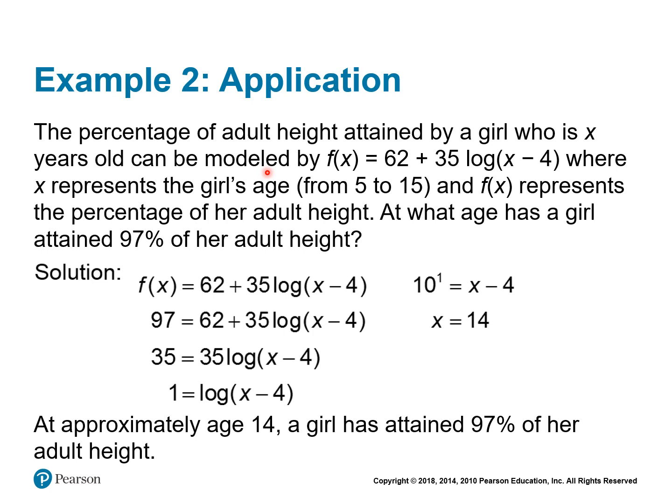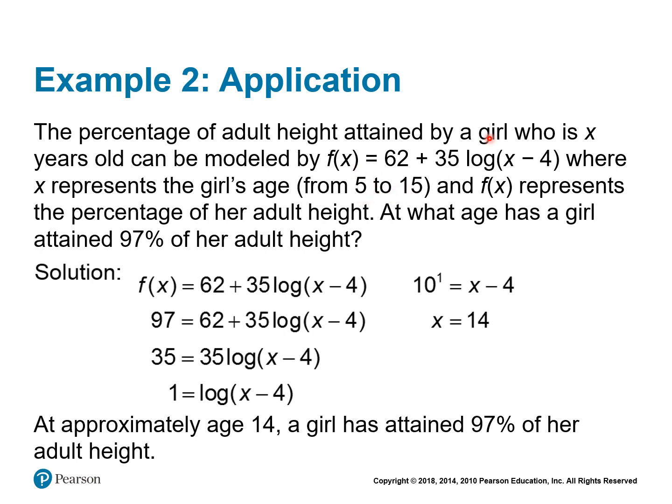So what this equation is about is it's telling us what the percentage of a girl's adult height is going to be. So f of x is going to be a number that represents the percentage of a girl's height whose age is between 5 and 15. And what is x? X represents the girl's age from 5 to 15 years.